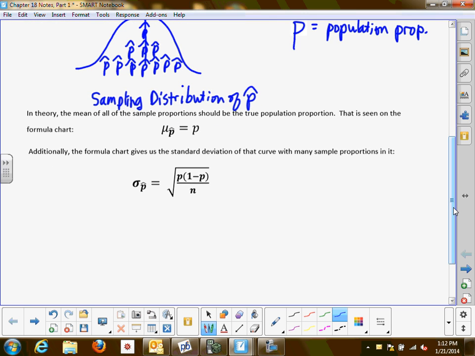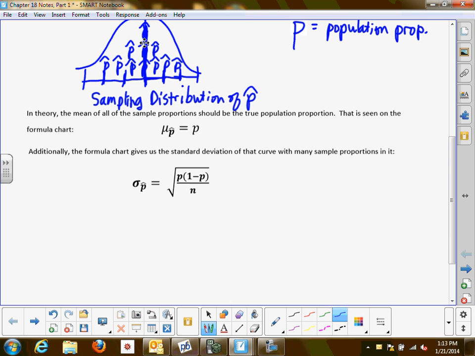The last thing to talk about before we actually get into counting our M&Ms is what is this value right here, and what is the size of this standard deviation. Well, we're going to learn this week that sampling distributions have particular rules.